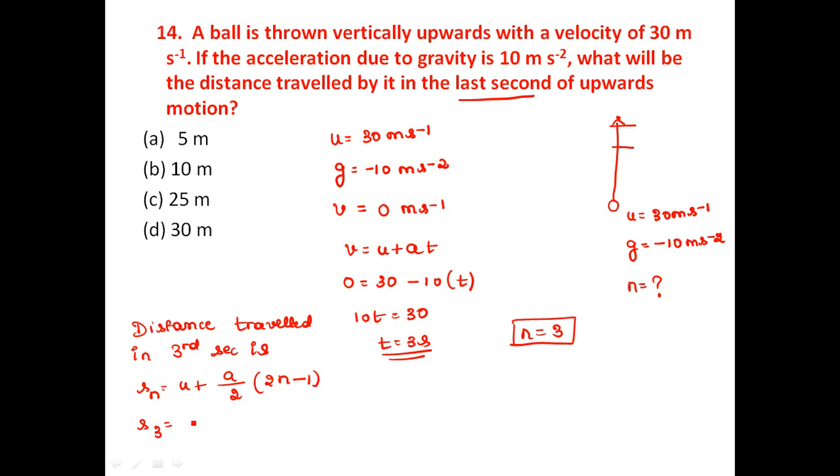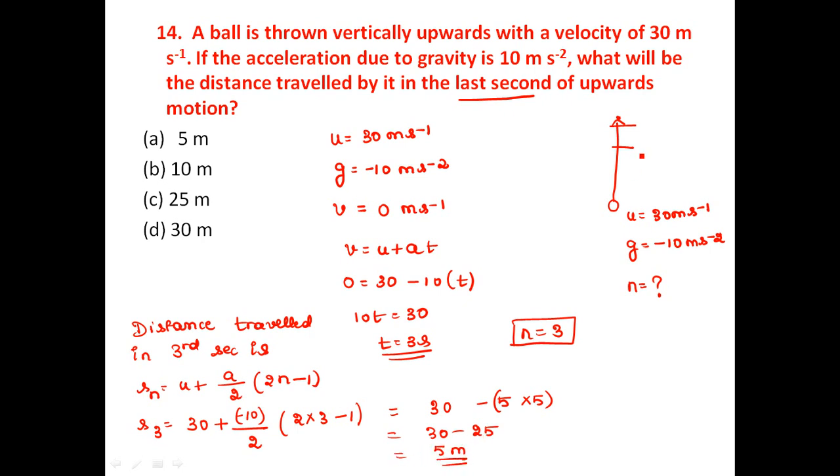S3 is equal to u, which is 30, plus a by 2, which will be our g value, minus 10 by 2, into 2 into 3 minus 1. On simplification we get 30 minus 5 into 5, that is 30 minus 25, which is equal to 5 meter.